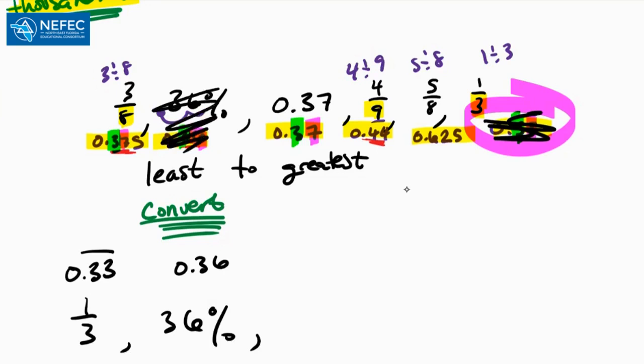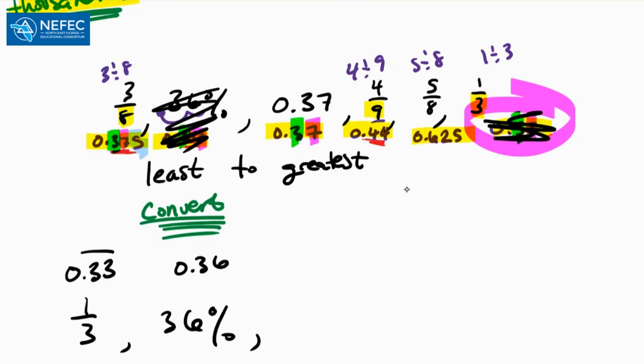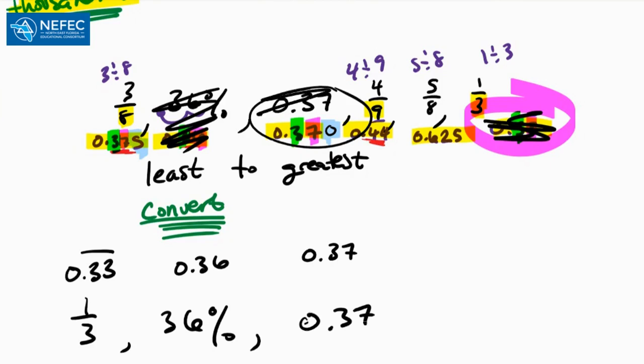All right, now these two have the same 37. But if we look at the next place value, we have a 5 and we have nothing. So it's kind of like a 0 here. So this guy will be next, 0.37, which was in fact 0.37. That's the one that started as a decimal.